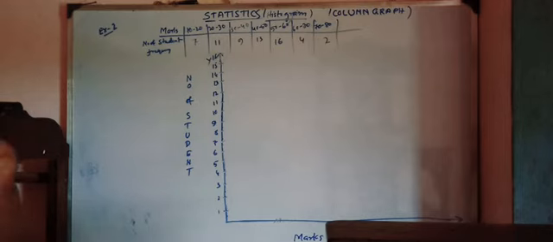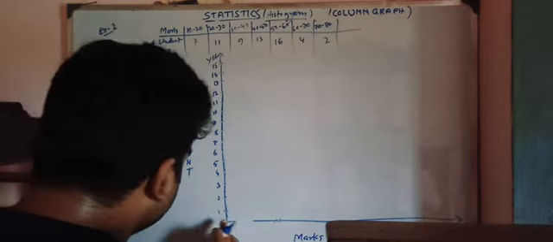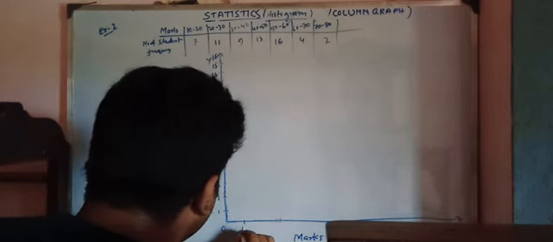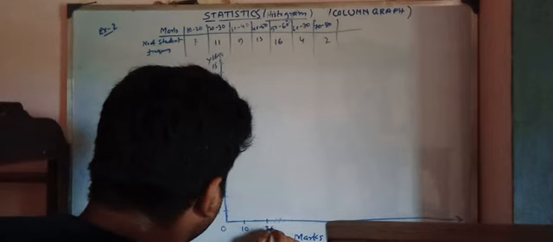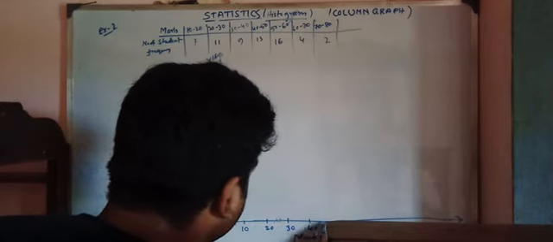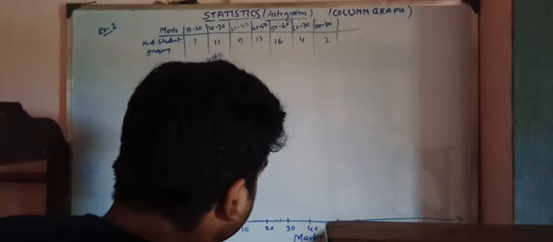Next, from here 10 to 20. So we should take the interval from here, this is 0. Next, this is 10, this is 20, this is 30, 40, 50, 60, 70, this is 80, this is 90.